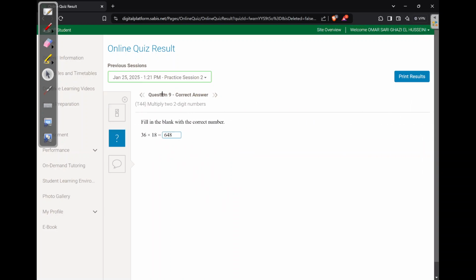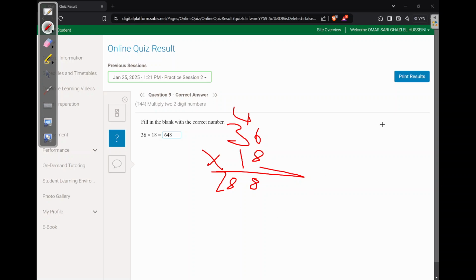Okay, 36 times 18. 8 times 6 is 48. We just add that 4. Okay, now that's 24. Just we add the 8. We add that 4, so 288. Now of course we add the 0 always at the start.